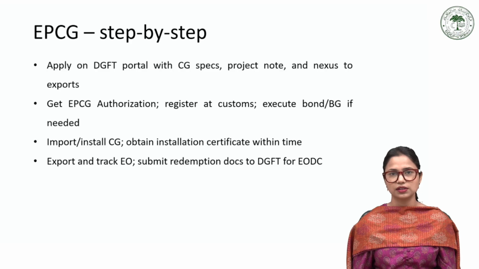So the exporter, once they have installed the capital good imported and have acquired the installation certificate, it is then important for the exporter to see what is the export obligation required, and they have to monitor it as well, that in the time frame of 6 years they have to export a multiple which is 6%, a common benchmark of the duty saved on the import of that machinery.